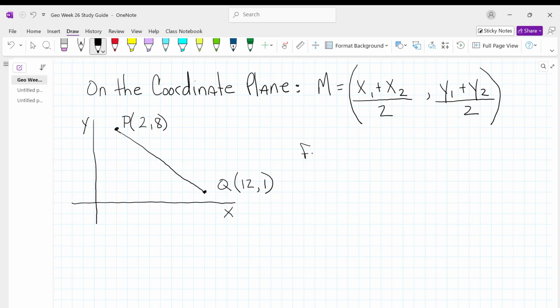And you're asked to find the midpoint of PQ. Now, since we're on the coordinate plane, you're going to need an X and a Y at the midpoint. So just like the distance formula yesterday, let's label these coordinates. So at P, we have an x sub 1 and a y sub 1. And at Q, we have an x sub 2 and a y sub 2.